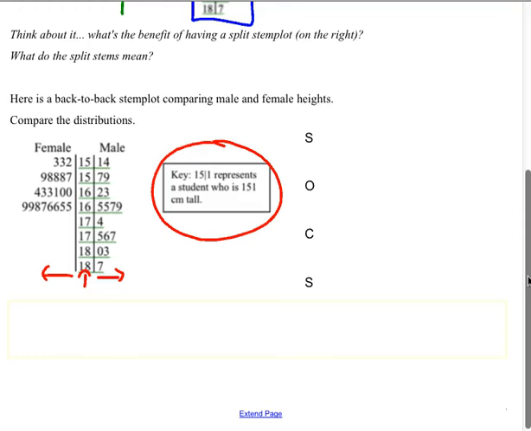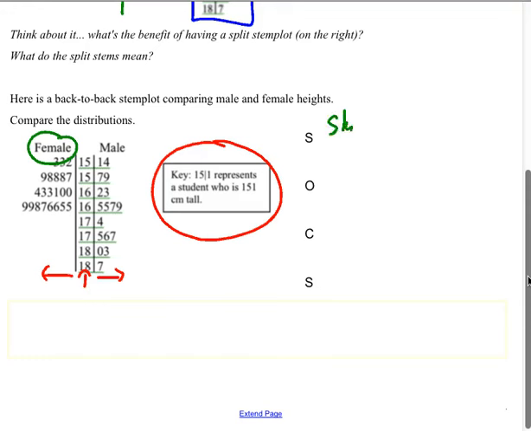And again, in making comparisons, we need to make sure we're using SOCS. Shape, outlier, center, spread. All right, so I'm going to use green for females. So for the shape for females, it looks like there's more values in the larger values than there are in the smaller values.